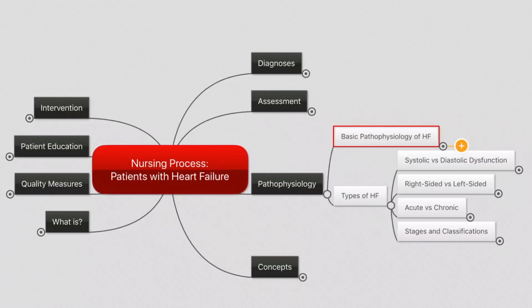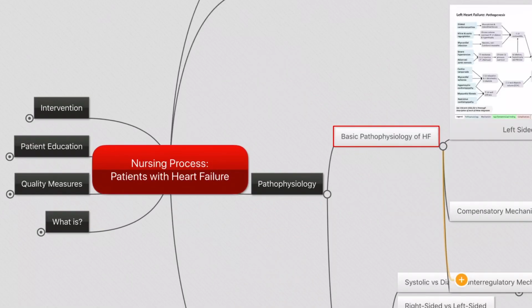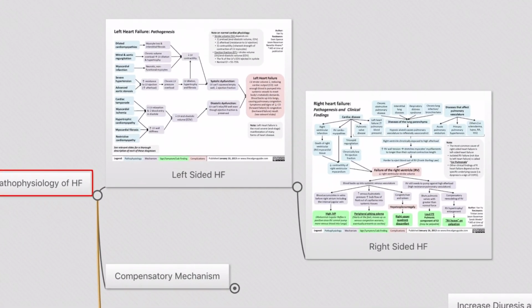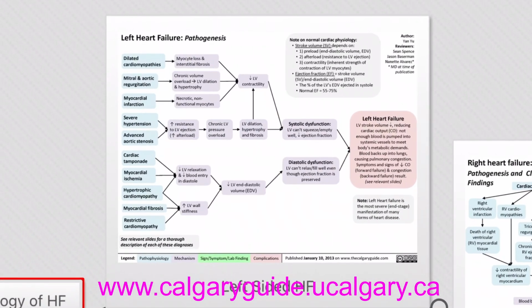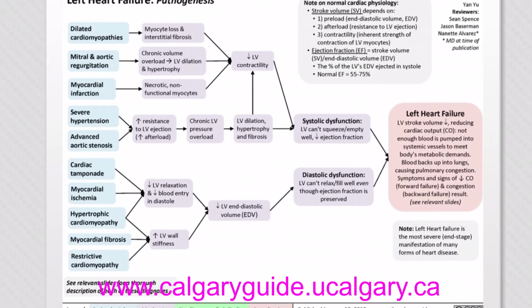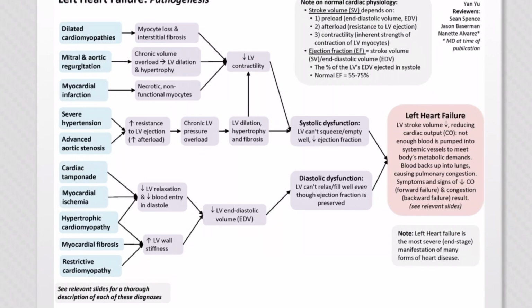Let's focus on the pathophysiology. I'm going to go over the basic pathophysiology of heart failure first, then we're going to go over the types of heart failure. For pathophysiology, I'm using this concept map from calgaryguide.com. As you can see on the left-hand side in blue bubbles, those are the risk factors or the etiologies that lead to left-sided heart failure.